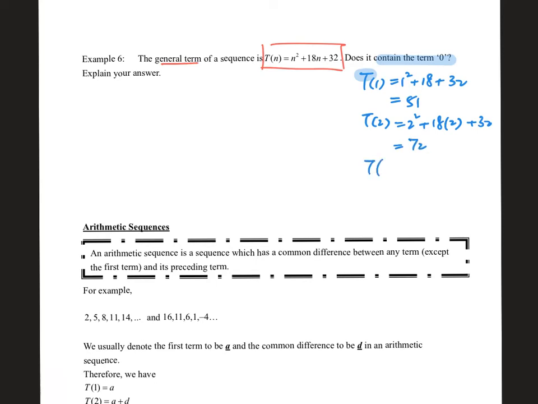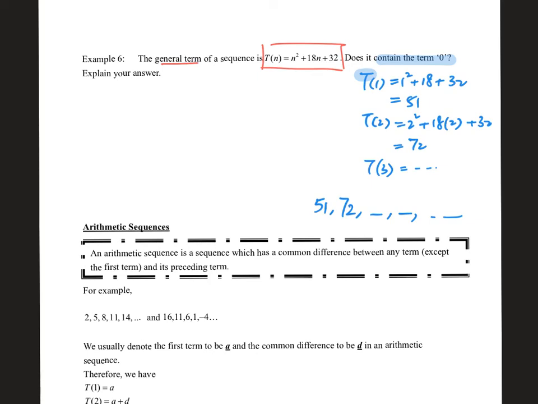But then you can go ahead to get T3, T4, etc. That means the numbers in the sequence are 51, 72, and then T3, T4, and so on. Now I'm asking whether it contains 0 or not. If you're smart enough, you will see that the numbers are increasing, so it probably can't contain any term 0.